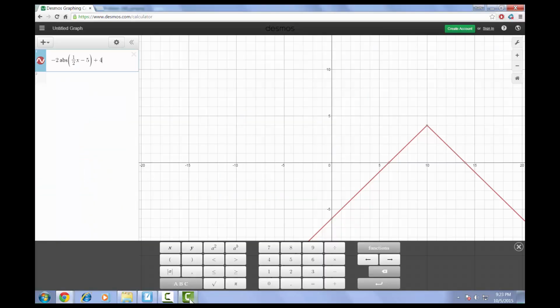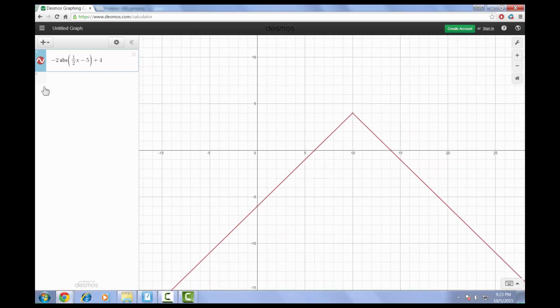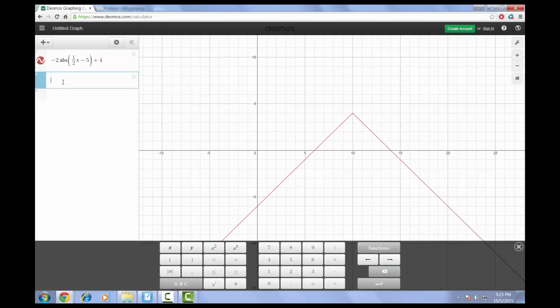Right now I've gone ahead and just graphed this function in Desmos, and here in fact is what that image looks like. Now if I go ahead and enter in our other functions, we came out with x minus 6, and there you could even see that blue line is overlapping the red one.